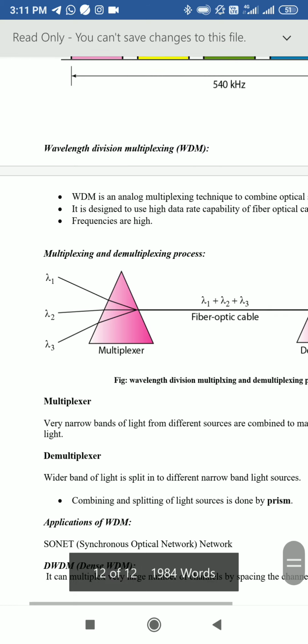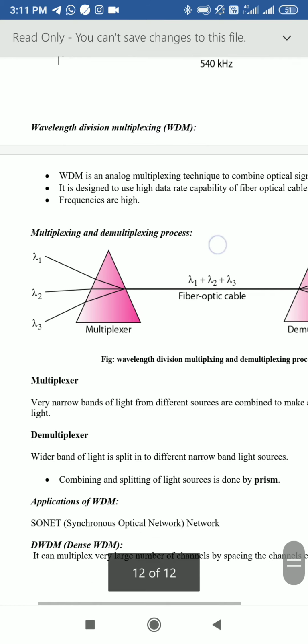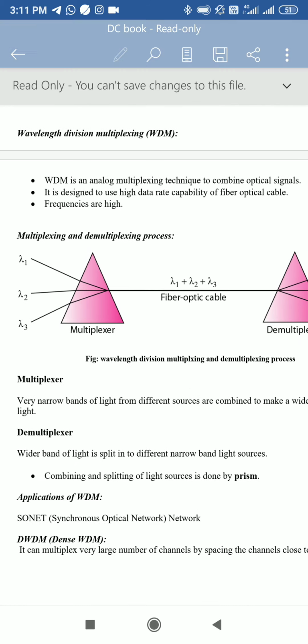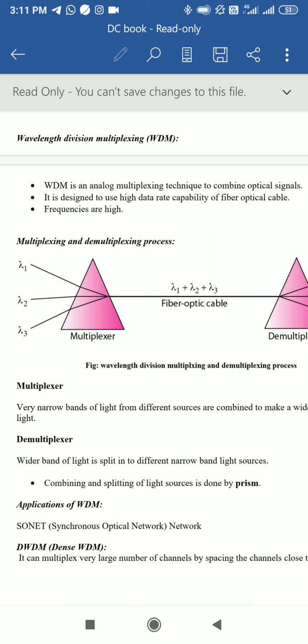Then we have wavelength division multiplexing. Wavelength division multiplexing works in a similar manner to frequency division multiplexing. The difference is, in frequency division multiplexing, electrical signals are passed through the transmission medium, whereas wavelength division multiplexing allows the transmission of optical signals.